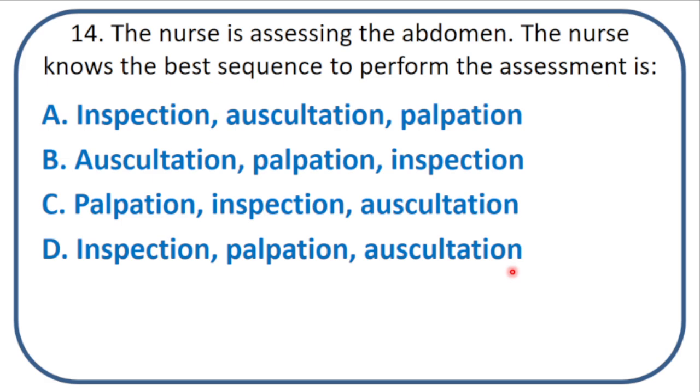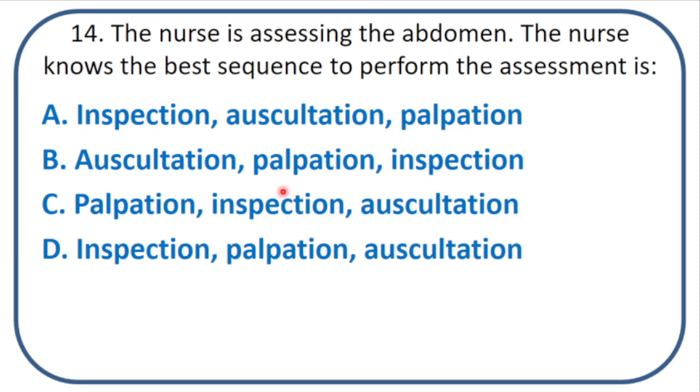So here the correct answer is inspection, auscultation, palpation. The correct sequence of abdominal assessment starts from inspection, then auscultation. If you are doing percussion, that is third, and the last one is palpation.